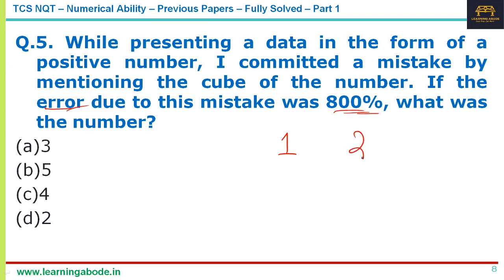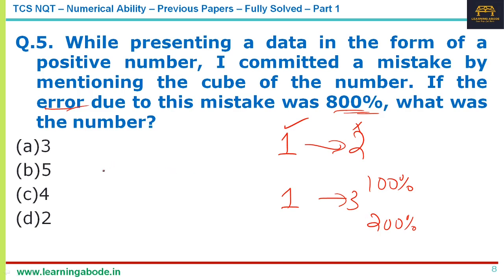If I write 2 instead, what is the error here? The error is 100%. The number is 2 times, the error is 100%. Likewise, if I'm supposed to write 1 and I write 3, it is 3 times, but it is 200% error. It is 200% more. So that is the error.